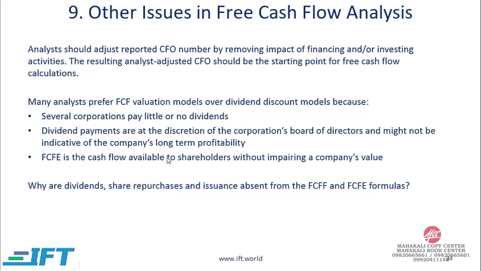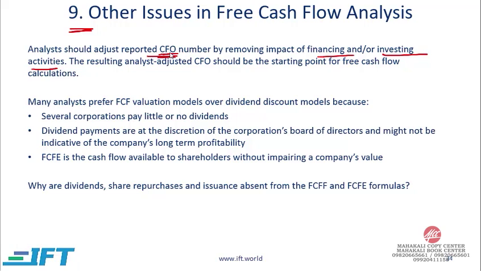Okay, coming to the last segment of section 3, other issues in free cash flow analysis. Analysts should adjust the reported CFO number by removing the impact of financing or investing activities. The curriculum refers to these as contaminations. You are starting out with a CFO number which has been created based on US GAAP or IFRS, so that is the reported number.